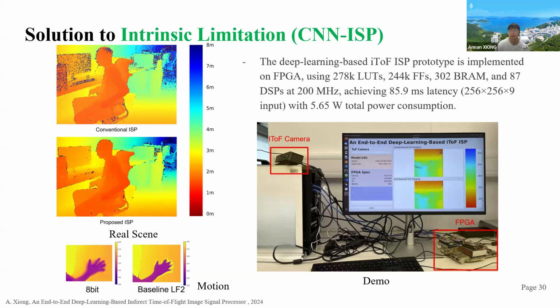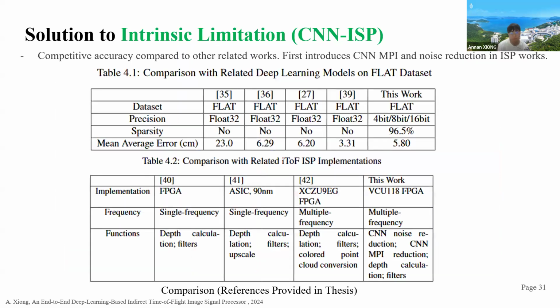The total power is 5.65 watts. Compared to the other works, we have achieved competitive accuracy. And also, compared to other hardware works, we are the first one that introduced CNN MPI and noise reduction in ISPs.